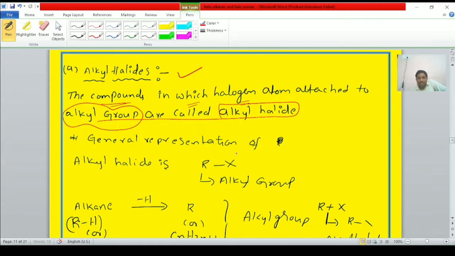General representation of alkyl halides is RX, where R is known as the alkyl group and X is the halogen. Alkyl group is R and halogen is X. When the alkyl group is combined with the halogen, it forms an alkyl halide, that is RX. Next, students.